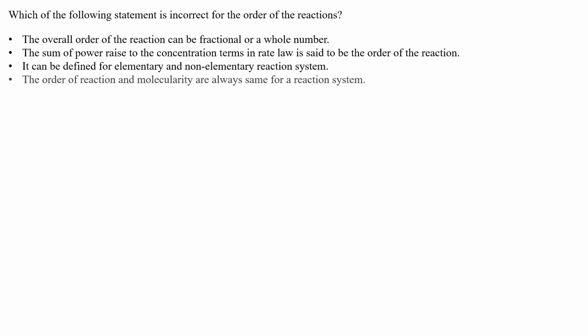The overall order of the reaction can be fractional or a whole number. The basic definition for order of the reaction is that it is the sum of the powers to which the concentration terms are raised. That depends on the stoichiometry of the entire process. So the overall order of the reaction can be fractional and it can also be a whole number.